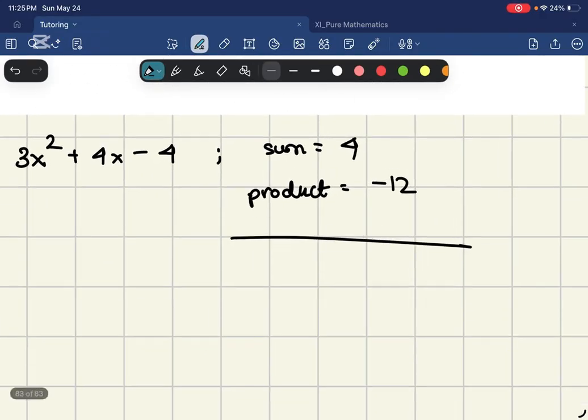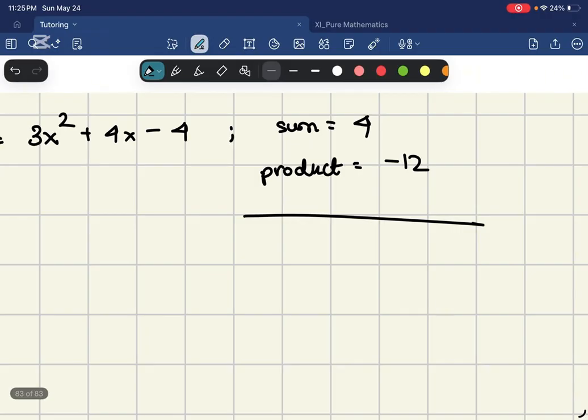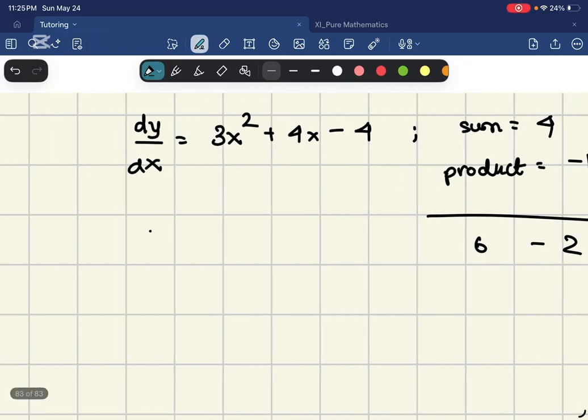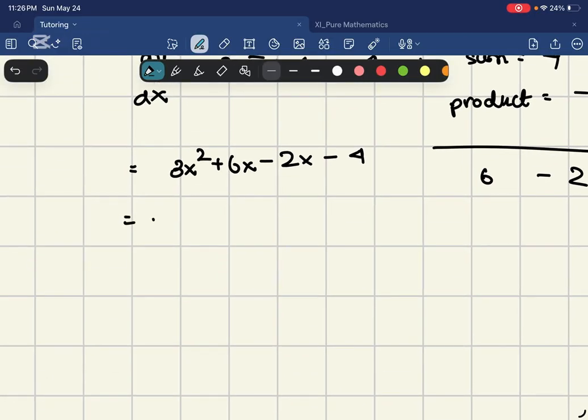So the two numbers are going to be two numbers that give me 4 and product. That is going to be 6 and minus 2, right? Positive 6 and minus 2. Their sum is going to be 4. Their product is going to be negative 12. So you have 3x squared plus 6x minus 2x minus 4. And 3x, if you factor out, you get x plus 2, right? And you minus 2, you get x plus 2.